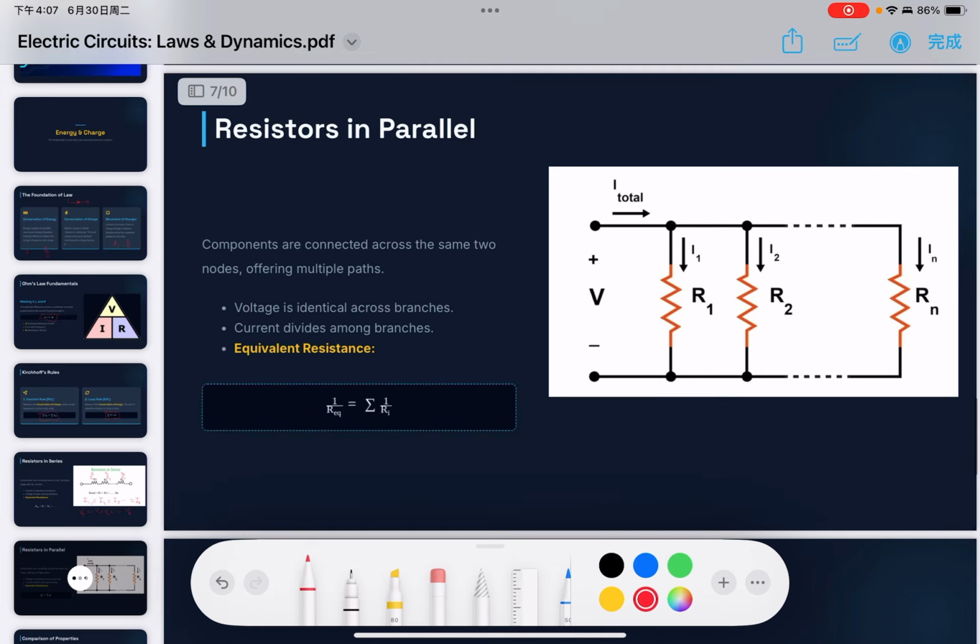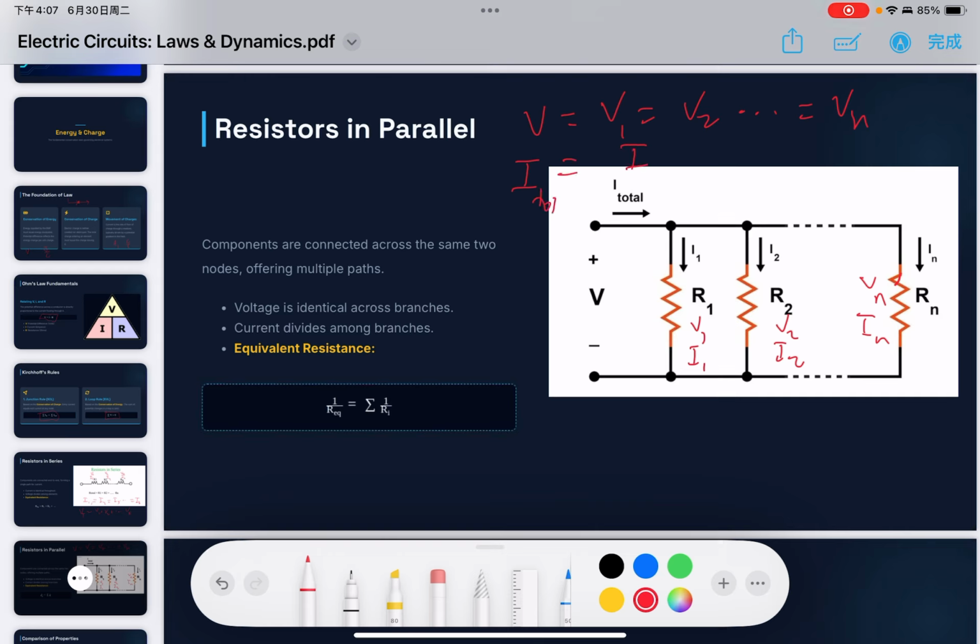And in parallel, all of the resistors also have a V1, I1, V2, I2, Vn, In. The total voltage is the voltage given by the battery, so the voltage doesn't change, and the current adds up together.